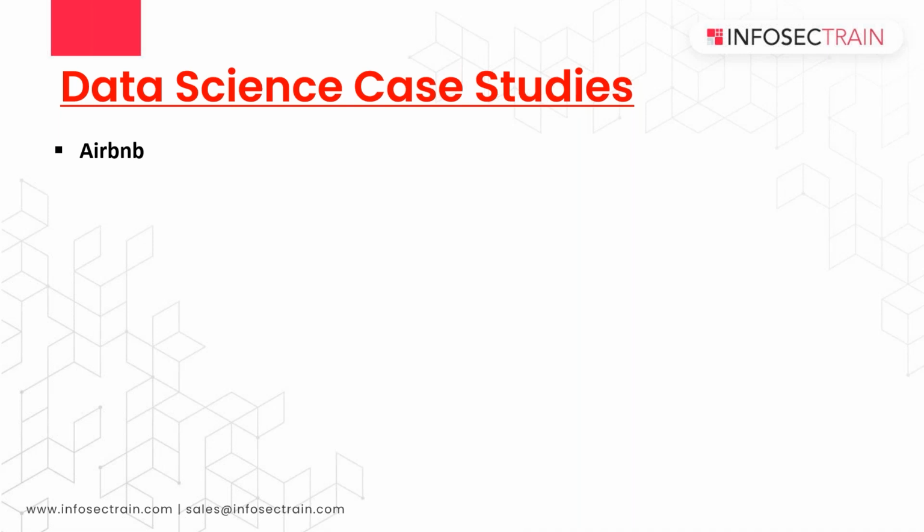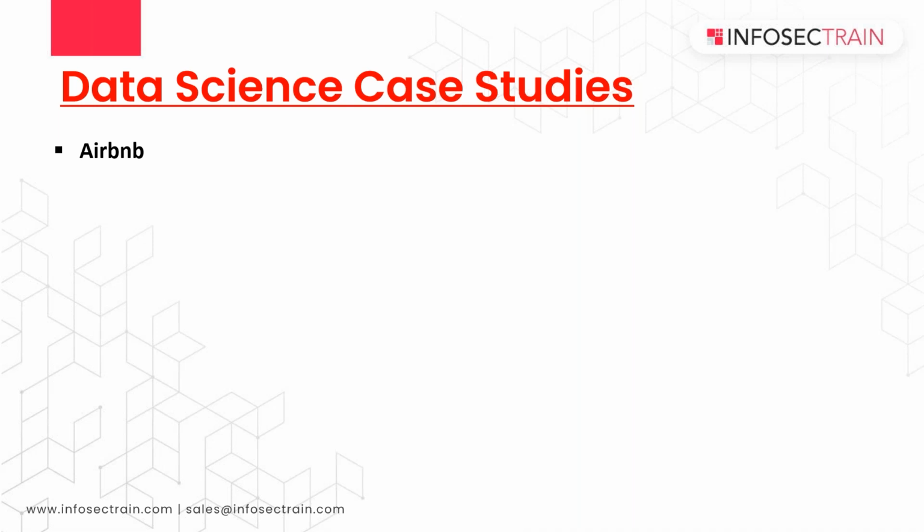So Airbnb is active in each and every country, except a few countries like Iran, Sudan, Syria, and North Korea, because in these countries you can see that there is instability, right?